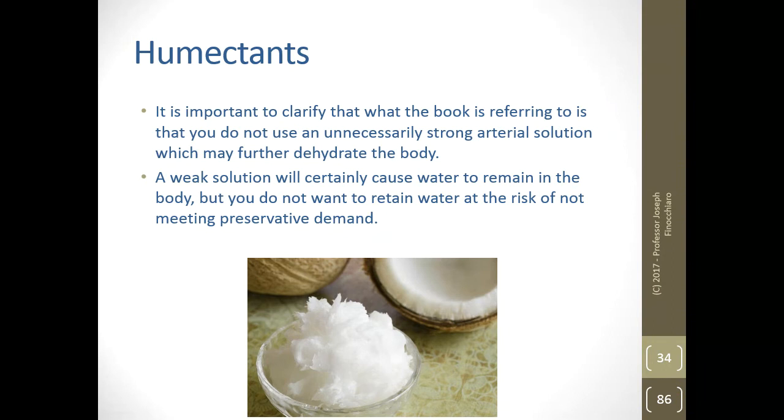A weak solution will certainly cause water to remain in the body, but you don't want to retain water at the risk of not meeting preservative demand. So because you have an emaciated body, that's telling you should not go right for like the Power Tone 30 or the Intrafiant OTC and jacking that body up till it glows in the dark and you can see it from Mars. It's going to dehydrate. It's going to get awful real quick.